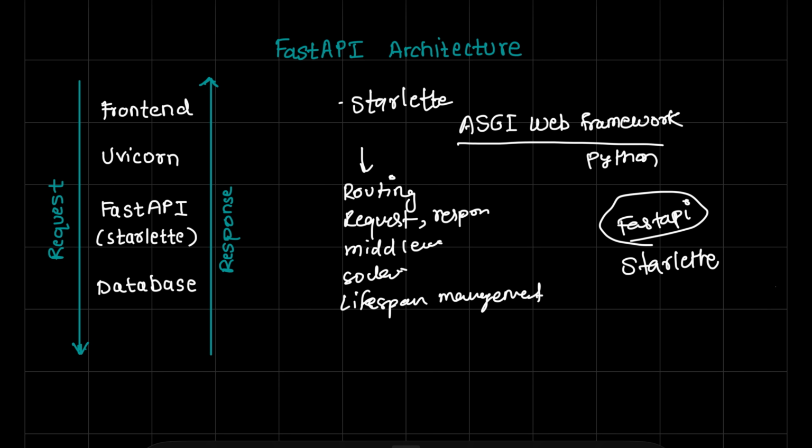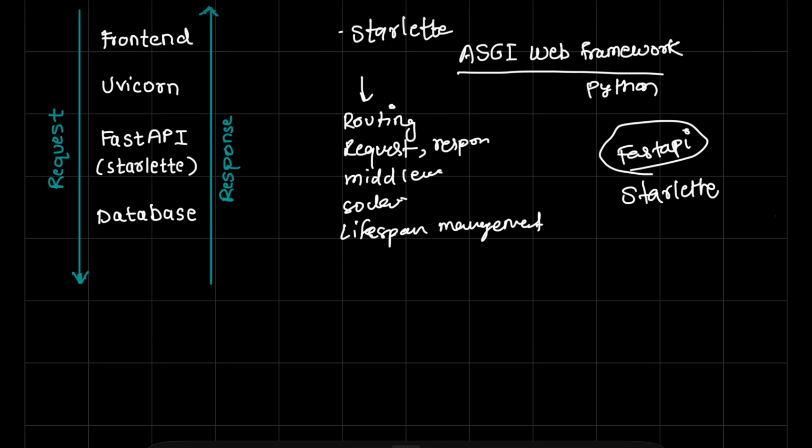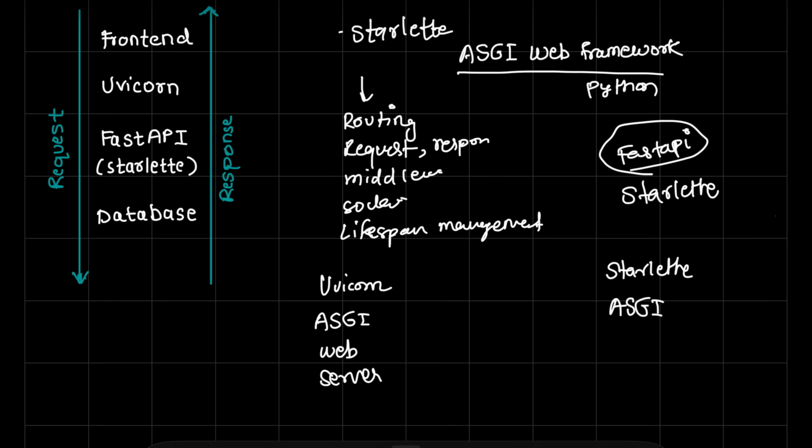It's important to understand the wording. Basically, this is Uvicorn, this is Starlette. Uvicorn is known as an ASGI web server. It is a web server which handles all the requests of the clients, and Starlette is an ASGI web framework.